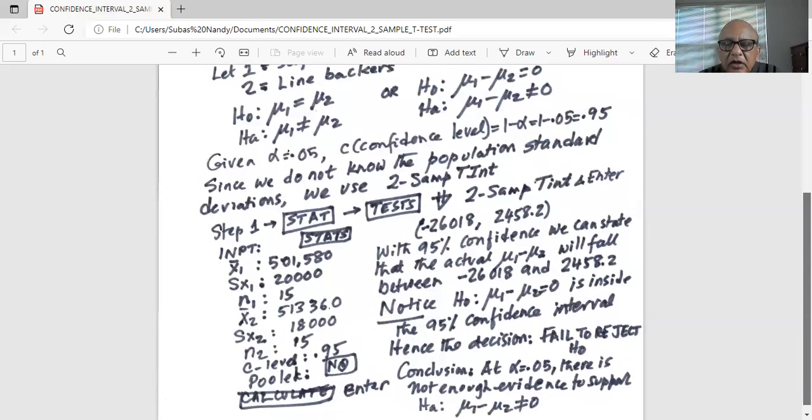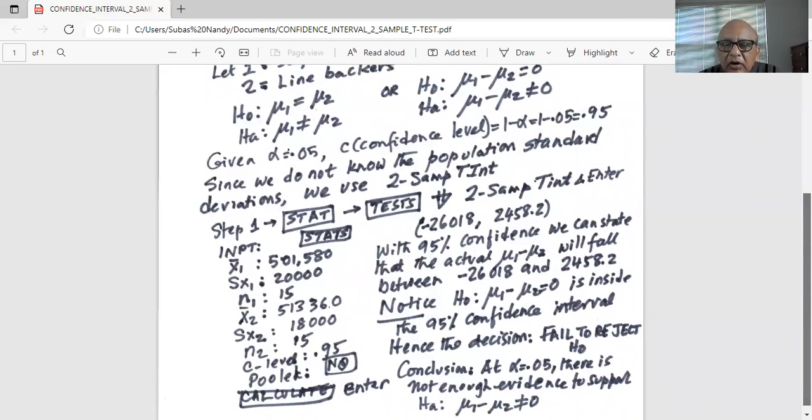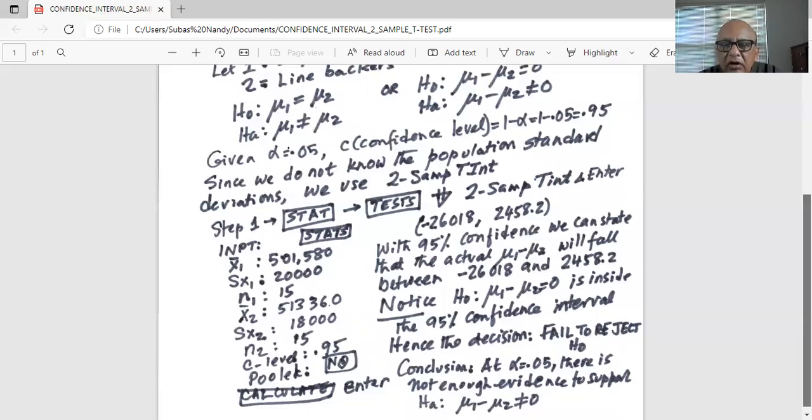So the conclusion is, at alpha equal to 0.05, there is not enough evidence to support that the difference in the two population means, mu1 minus mu2, is not equal to 0. That is because the lower boundary is negative and the upper boundary is positive in the 95% confidence interval for the difference in the two population means.